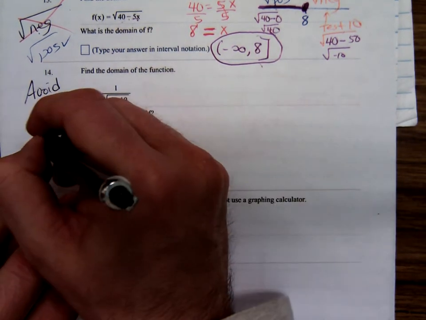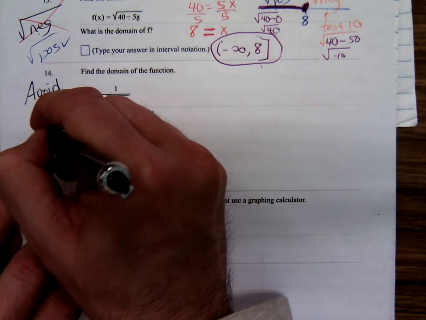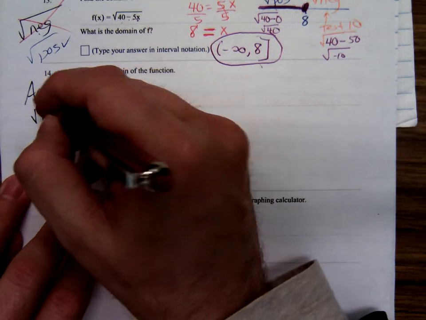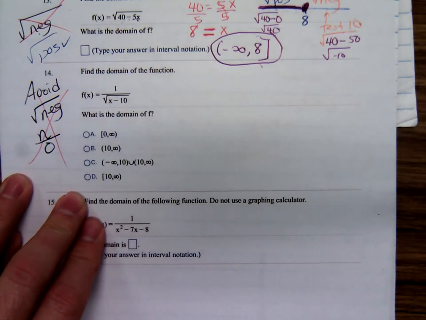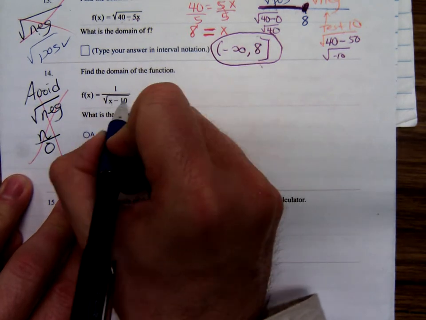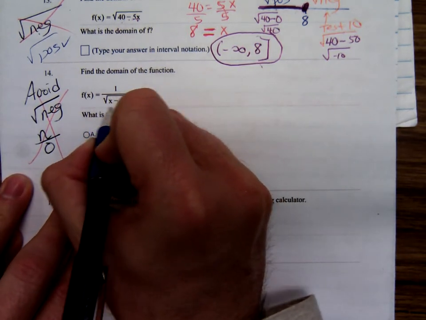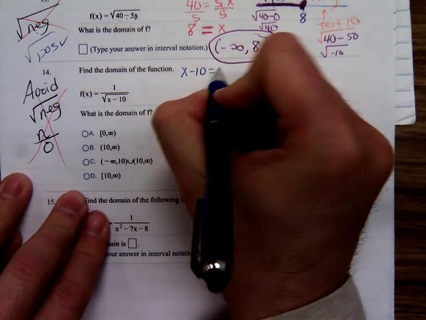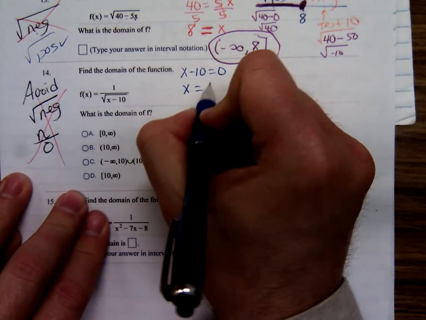Those are the 2 things we don't want to happen. To get started, take what's under the square root symbol and ask what will make it 0. Now that's one you can sort of do in your head. 10 would give me a 0 under that square root symbol.